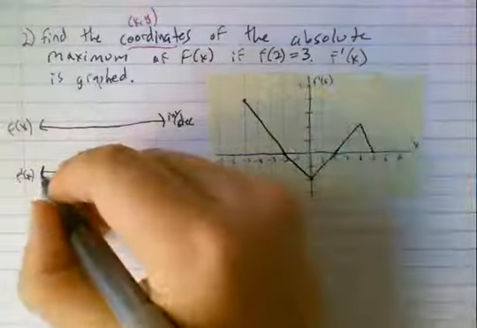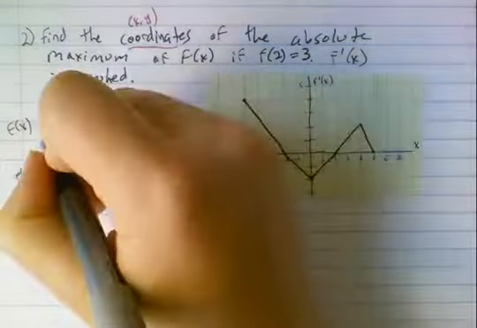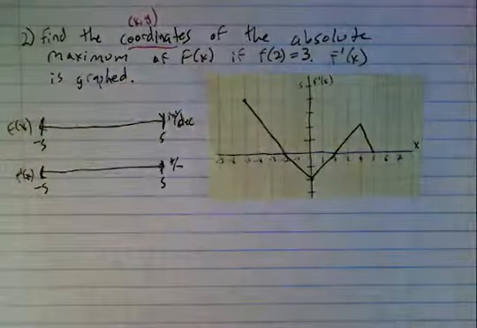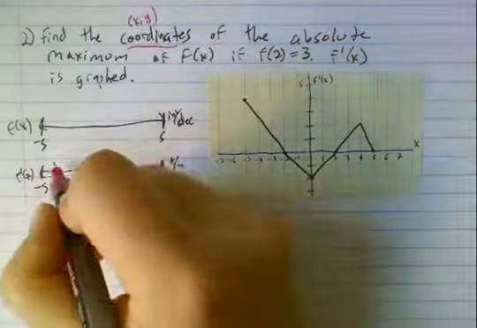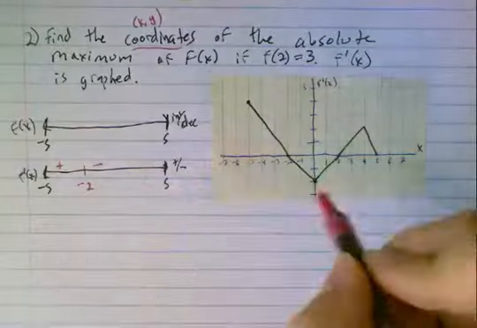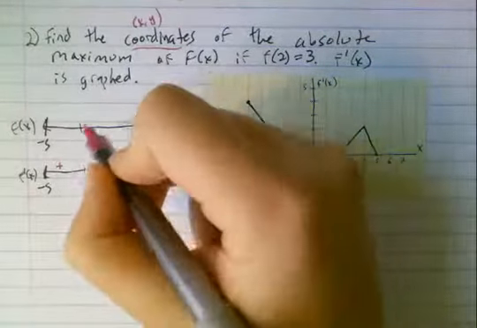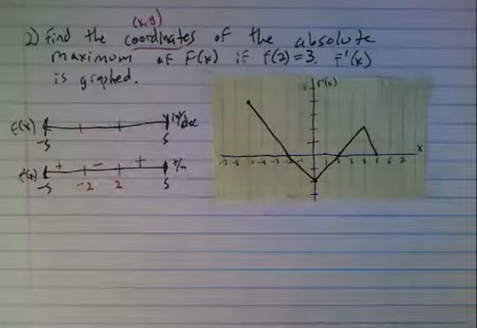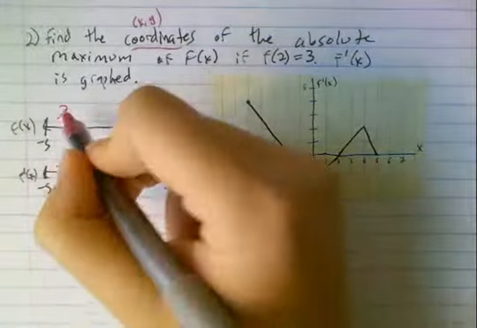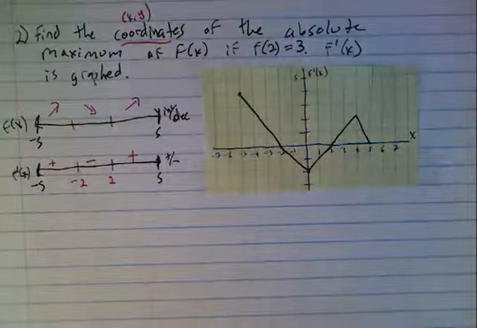Looks like we stop at negative 5 and positive 5. So we've got positive up until negative 2, negative up until 2, and positive up until 5. So when we translate that, positive becomes increasing, negative becomes decreasing, positive becomes increasing.